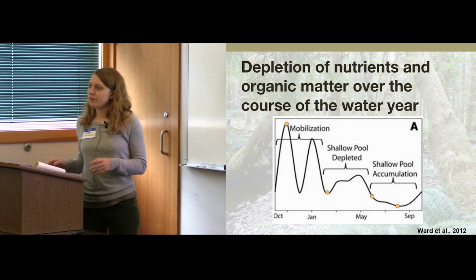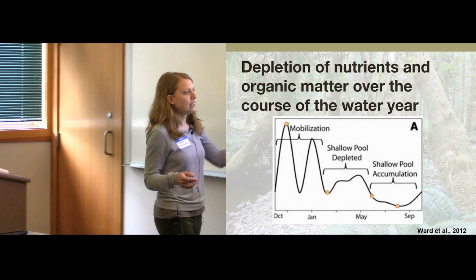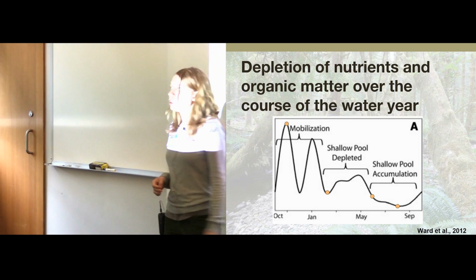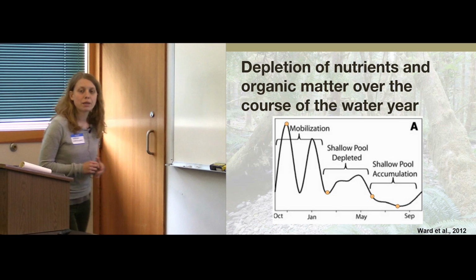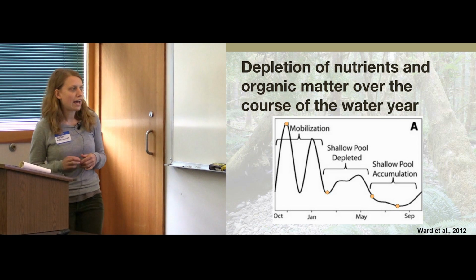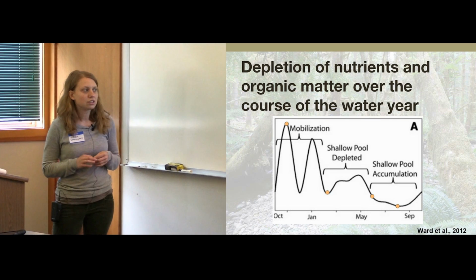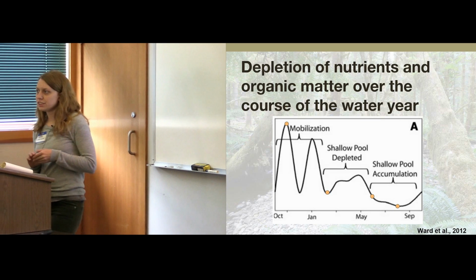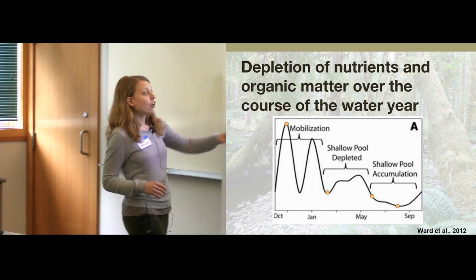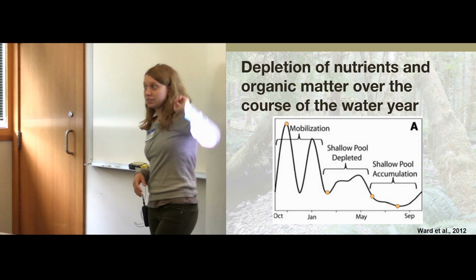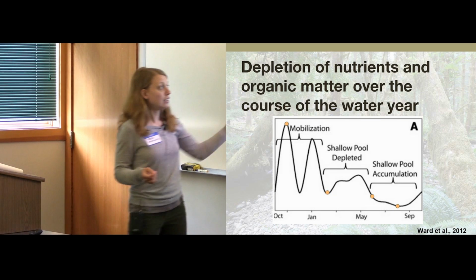Now, the temporal trends that we're seeing, I was expecting to be matching up similar to this paper, Ward et al., where they were looking at nutrient concentrations over time in watersheds draining to the Hood Canal. And so in November, we're seeing mobilization, high values of nitrate.